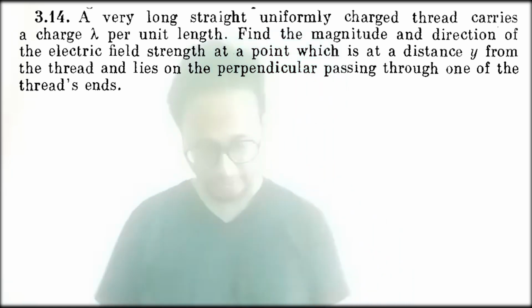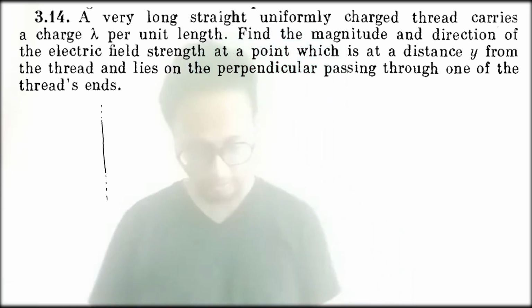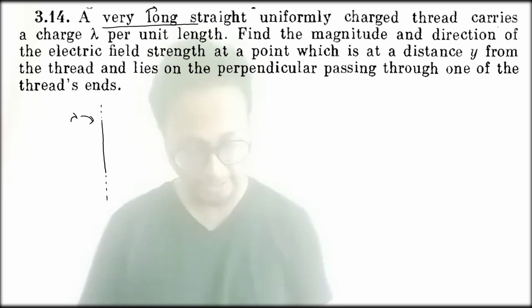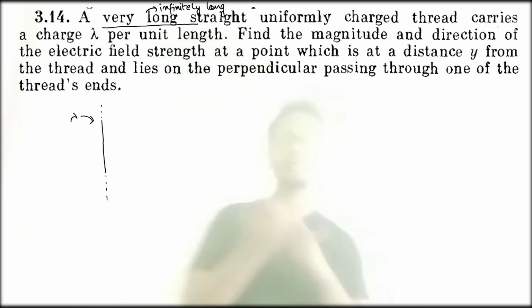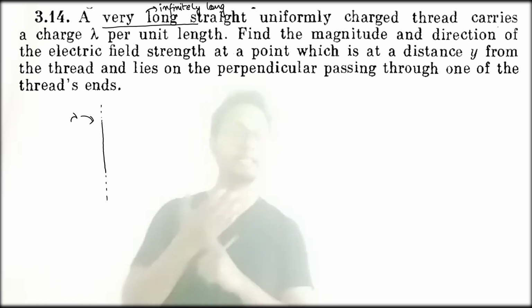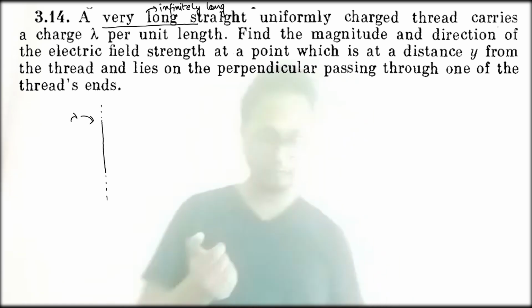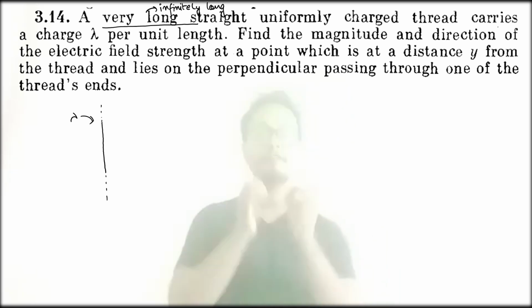Infinitely long wire of charge density lambda. See, a very long wire, a very long straight wire. If this keyword is given, that means infinite. In this chapter of electrostatics, in the chapters of gravitation and magnetic effect of current, whenever you hear a very long straight wire, most of the time they mean a wire of infinite length.